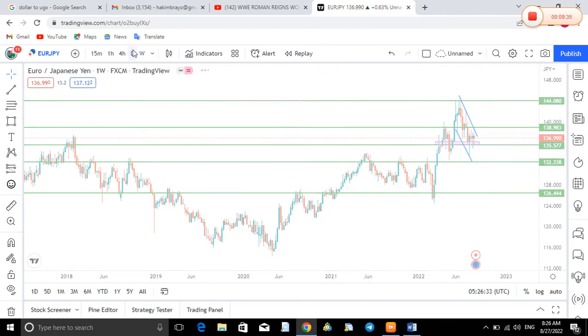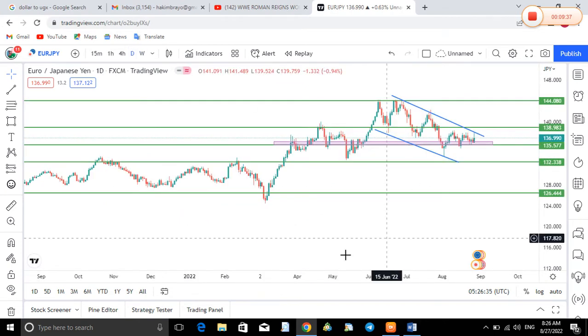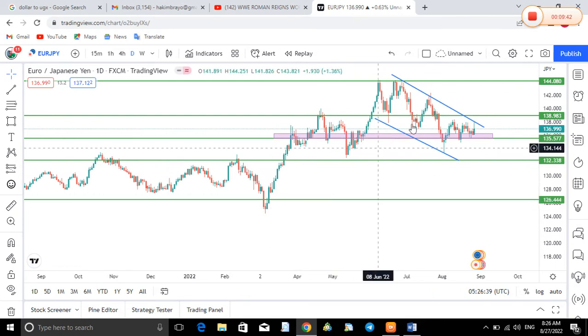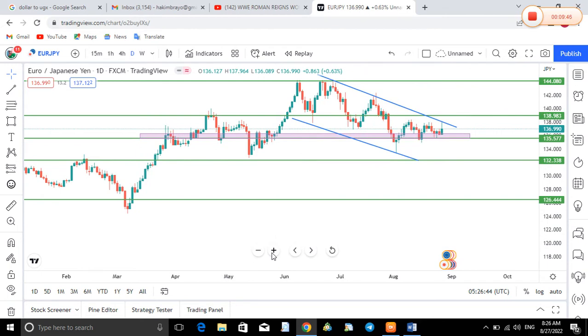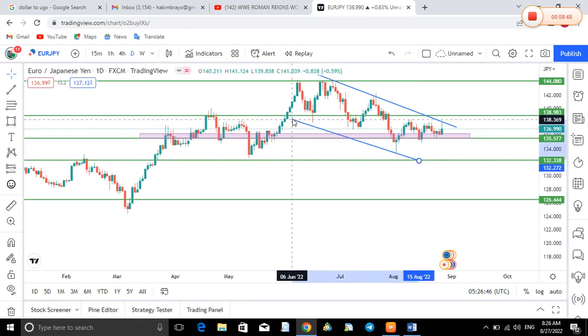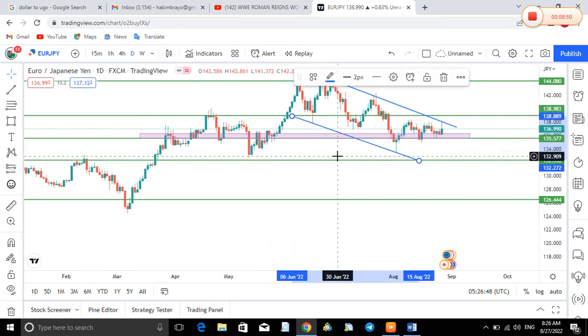I'm going to go to my daily time frame and try to make my trend lines a little bit perfect.